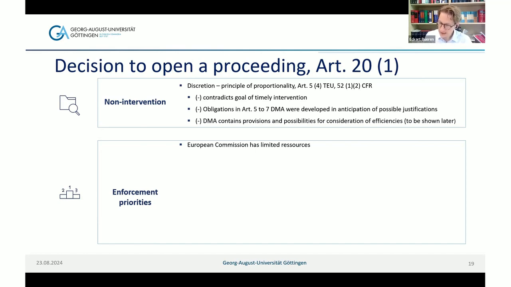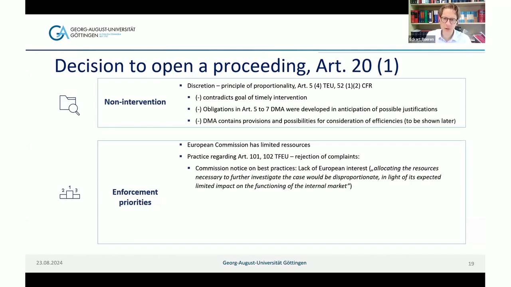This is similar to the practice regarding Articles 101 and 102 TFEU about rejection of complaints. There we have a Commission notice on best practices. There the Commission says, if there is a lack of European interest, then this can motivate the Commission not to pursue a certain case. And there are certain grounds for assuming this.